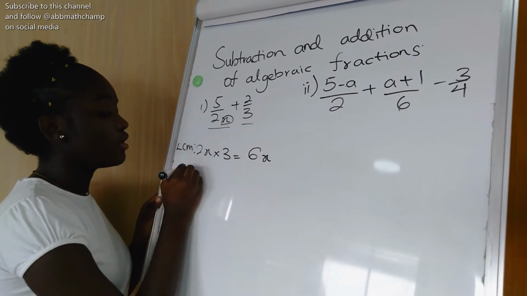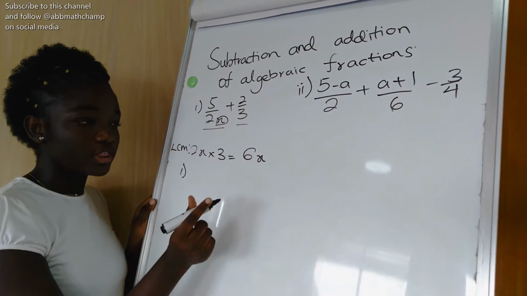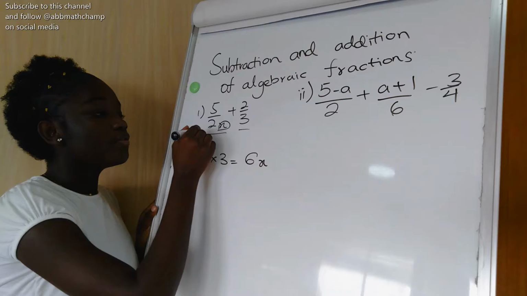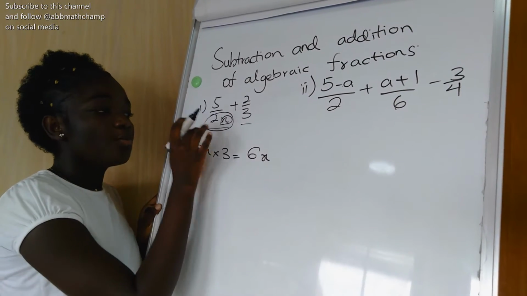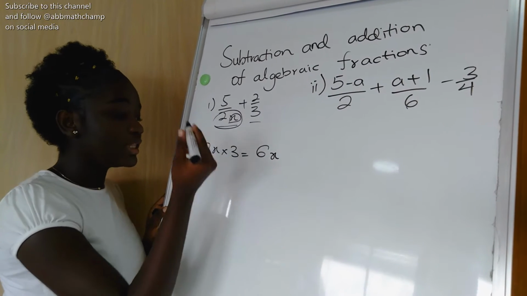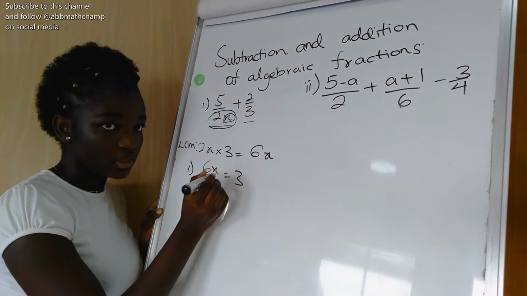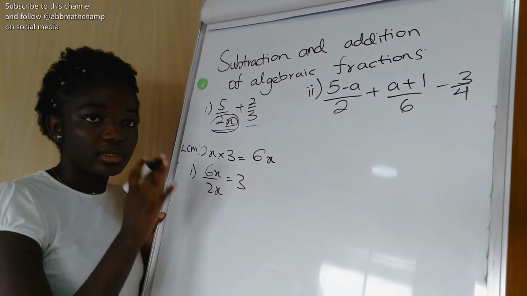So let's deal with our first question, which is 5 over 2x plus 2 over 3. You ask yourself, for the denominator 2x, what would you multiply by it to get 6x? Or in other words, 6x divided by 2x, which is 3. We've already dealt with how to divide.